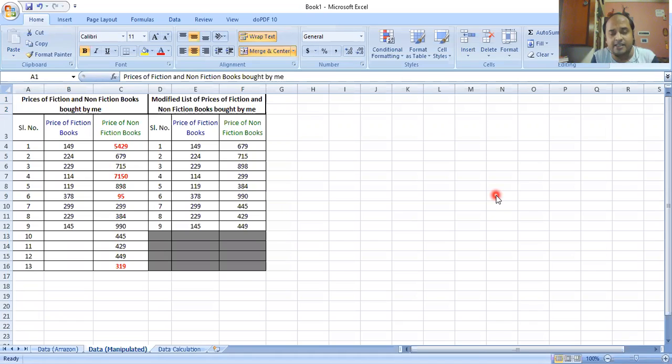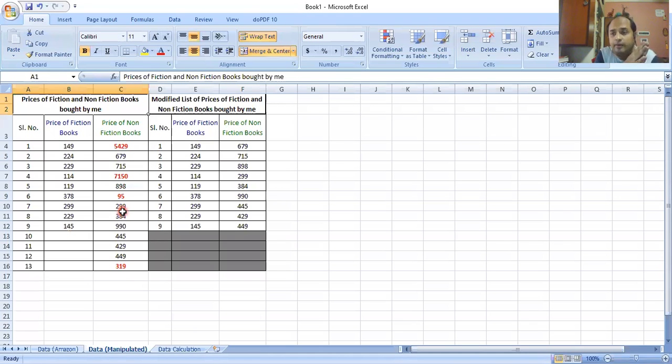Until and unless they are the same, you cannot study the correlation. But here you can see the two columns, capital X and capital Y, do not have the same amount of sample. The price of fiction books contains 9 samples, and the price of non-fiction books contains 13 samples. So I cannot find the correlation between the two.